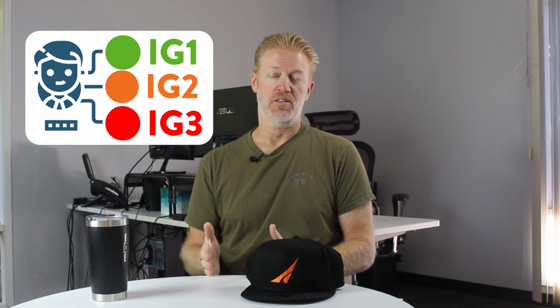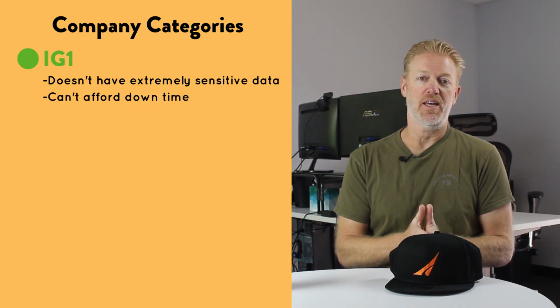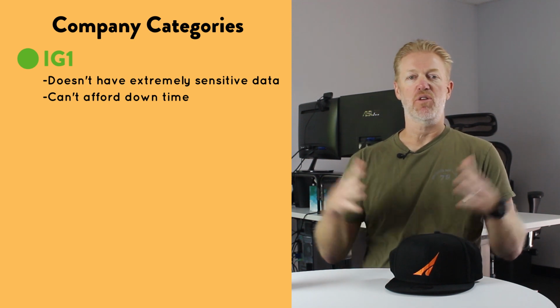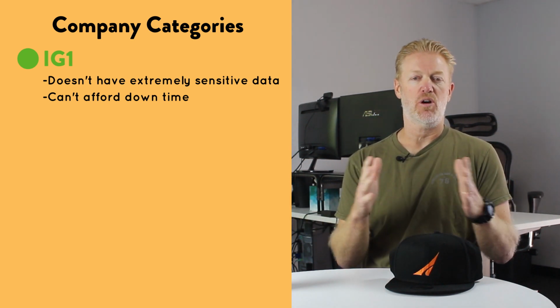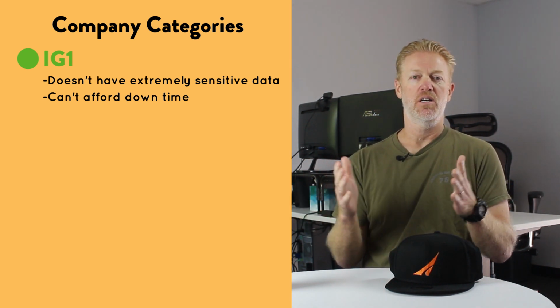Well, when it comes to network infrastructure management, what is the template for a cybersecurity risk assessment? What are the different line items that you should be checking on? Well, I'm going to give you those today, but I'm going to categorize them into 3 different categories. The first category is the category of items that every single company should be doing.